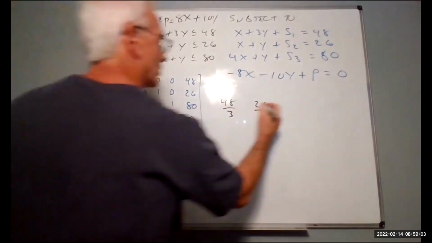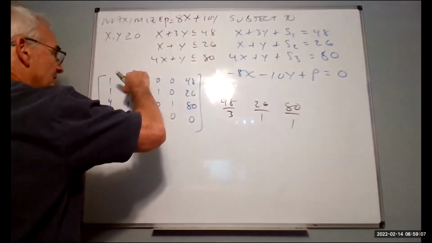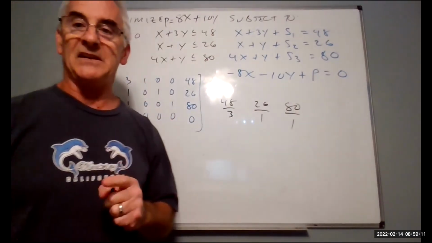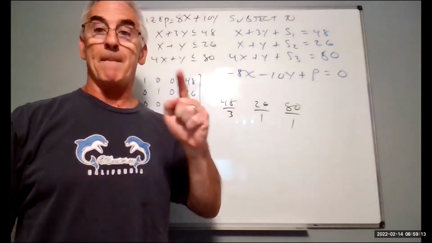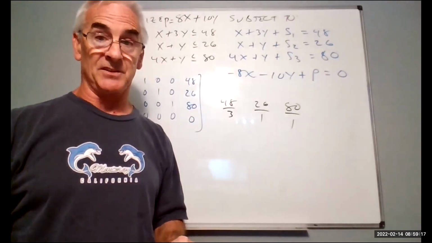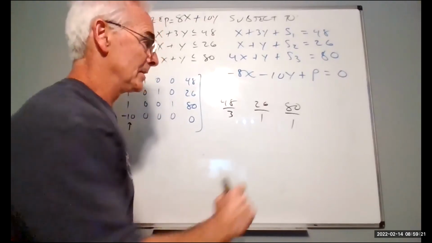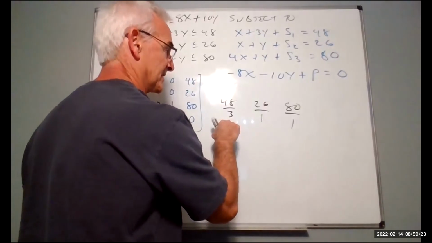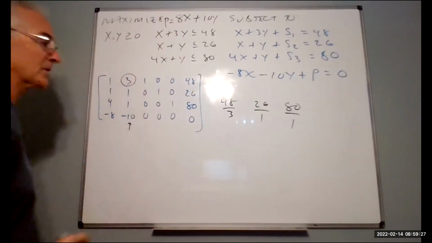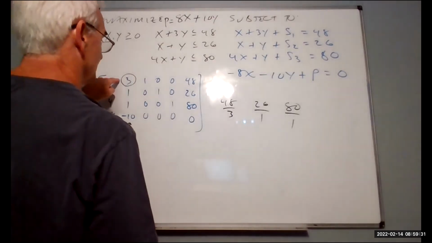I take the ratio of 80 over 1. I take the ratio of this value over this value for everything in that column. Whichever one of these is the smallest positive value. I just said a pivot cannot be negative in this context. The smallest positive value will become our pivot. That's 80, that's 26, that's 16. So it's clearly this guy. So our pivot will come from that value right there, because 48 over 3 gave me the smallest positive value.